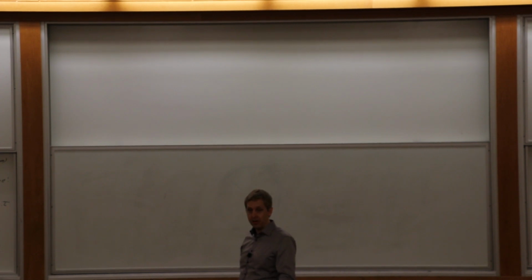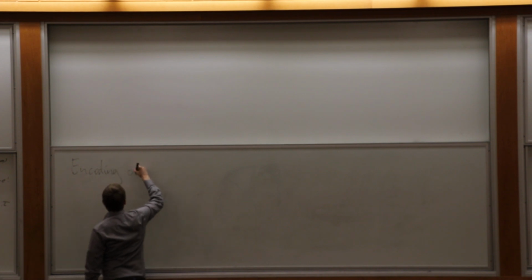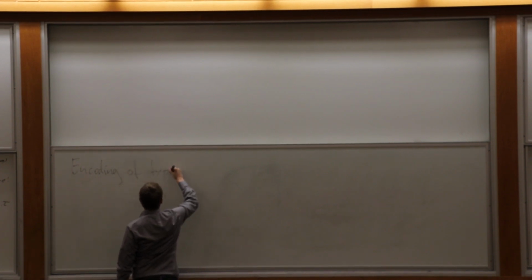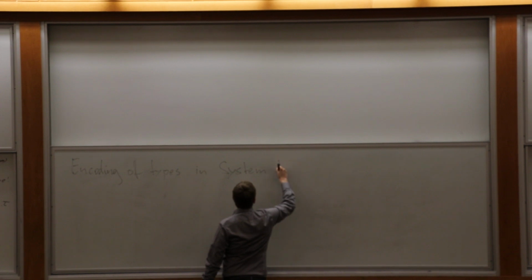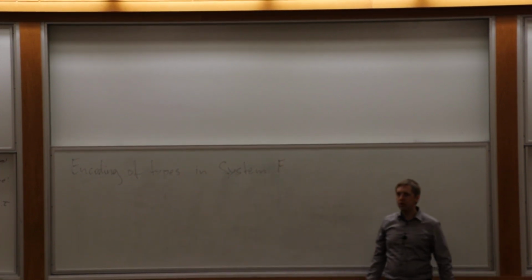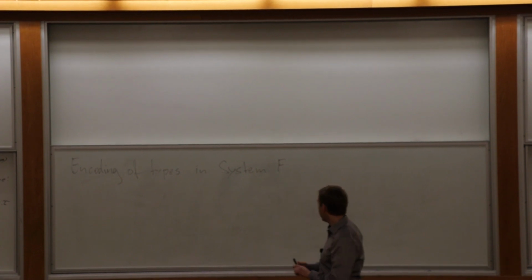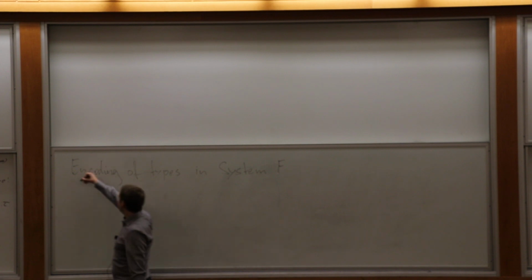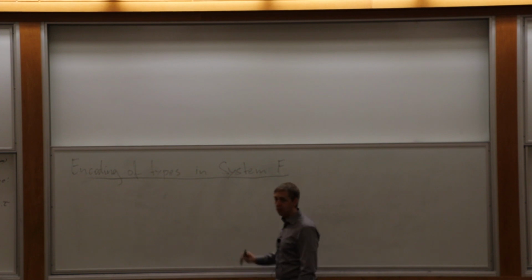There's not a lot of stuff you can do, but as you'll see, you can encode a lot of types in System F. Almost all the types you've seen so far you can encode in System F. So let's maybe start with unit.